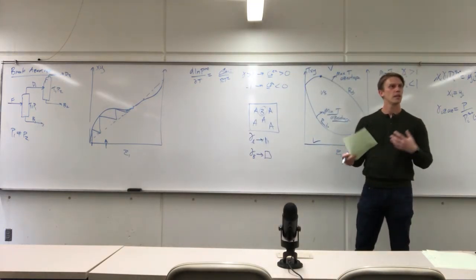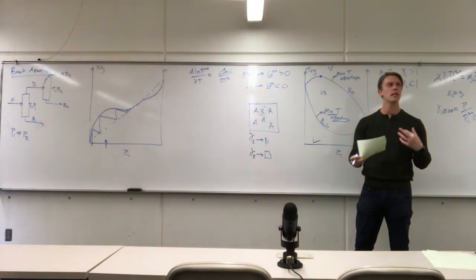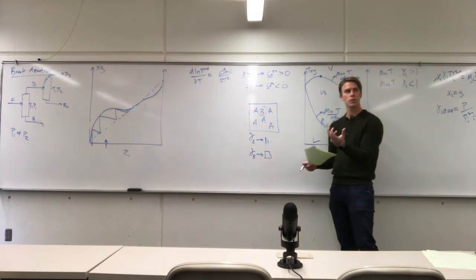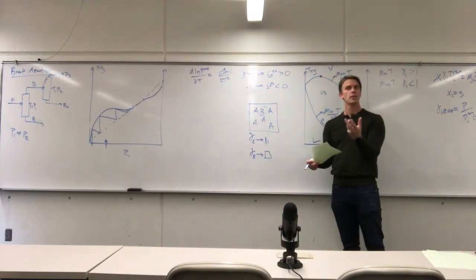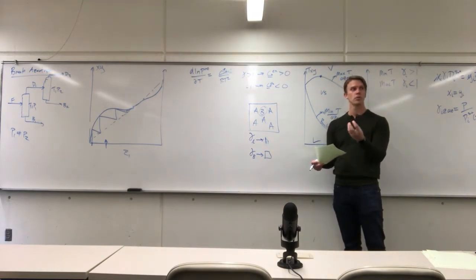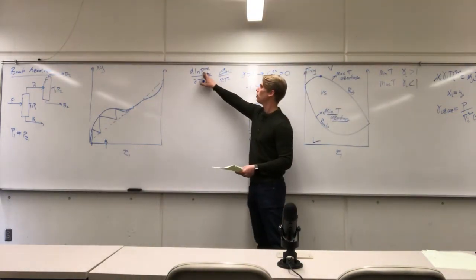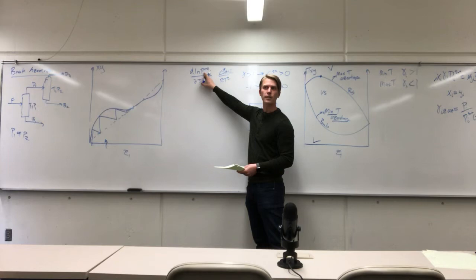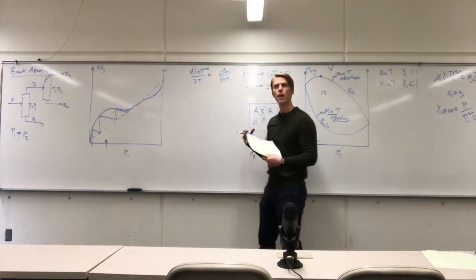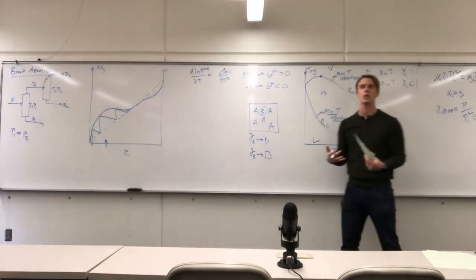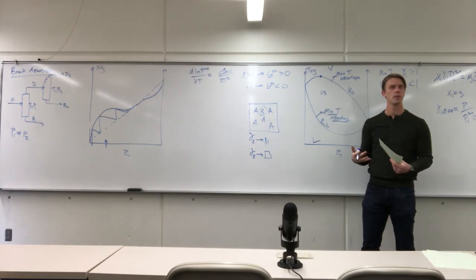Their relative volatility or their heat of vaporization is going to be different. As you get closer and closer to your critical point, your delta H of vaporization gets closer and closer to 0. So the sensitivity of how much your pure fluid vapor pressure changes as a function of temperature is going to be a function of how close or far away you are to your critical point.